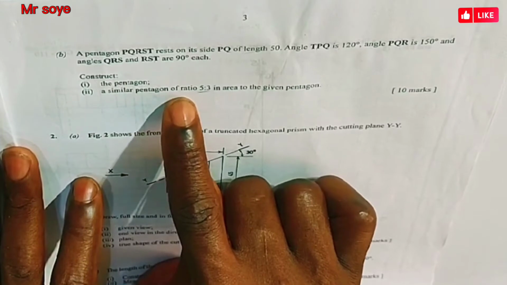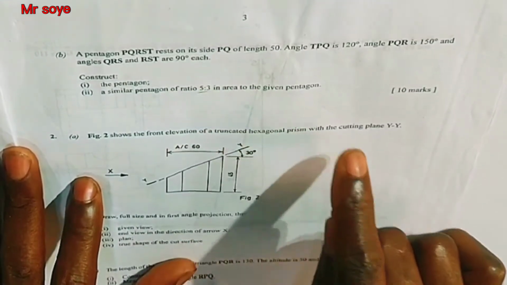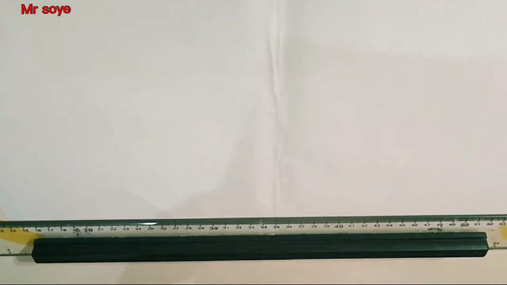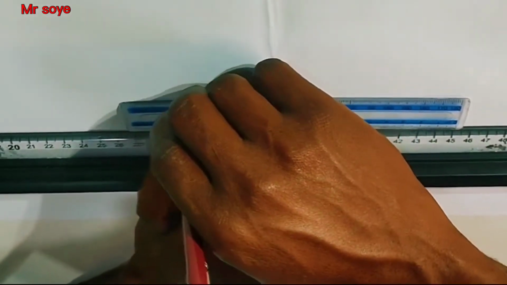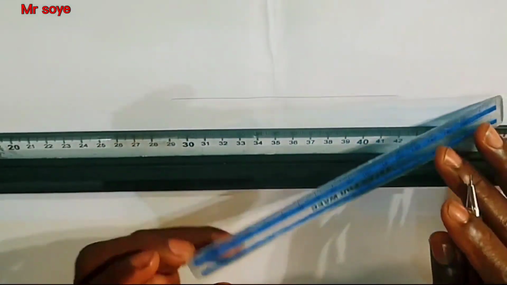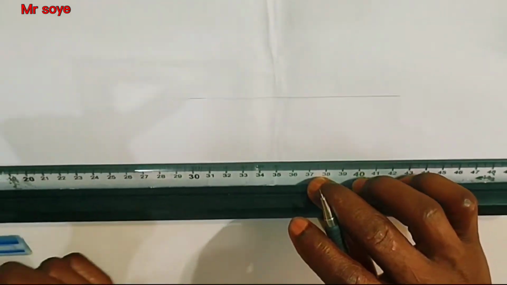2. A similar pentagon of ratio 5 to 3 in area to the given pentagon. So what we'll do is draw our baseline in our plane of projection first of all. Then on that plane of projection, we will measure our baseline 50.